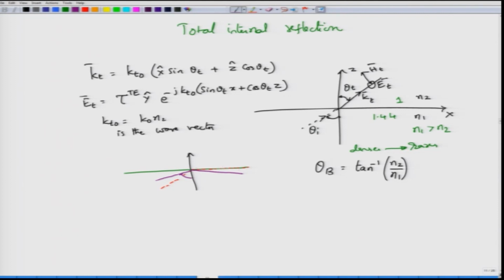The transmitted wave actually gets reflected back into the first medium, it will not go to the second medium at all.